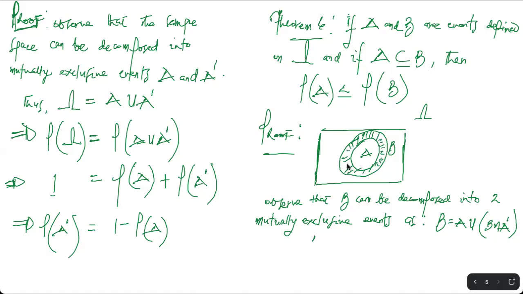All right. So B intersection A prime, which is that outer region, union this A would give you the whole of B.